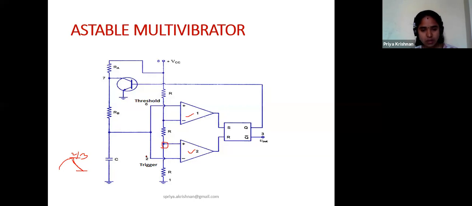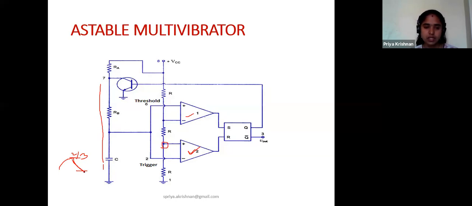Once that reaches 1 by 3 VCC, this comparator comes into the picture. It releases the reset signal. If R is 1, Q goes to 0. If Q is 0, the transistor goes to the off state. If the transistor is off, then the capacitor starts to charge via RA and RB.